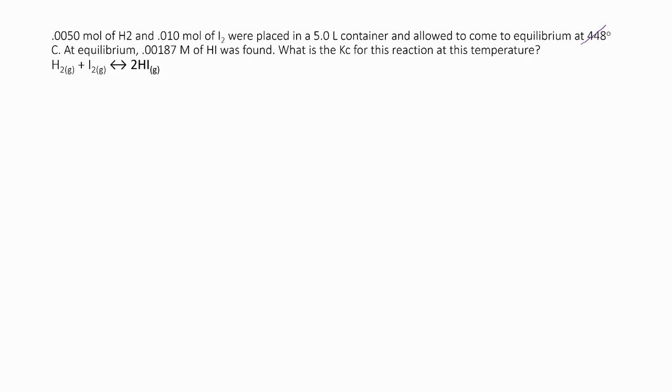Let's think this through. I start off with a certain amount of hydrogen and iodine in a 5-liter container. So I'm being asked for Kc, which is concentration. So the first thing I should probably do is convert those guys to molarities. So I'll do the first one written out, but then the second one we'll just do quick. 0.0050 moles in 5 liters.